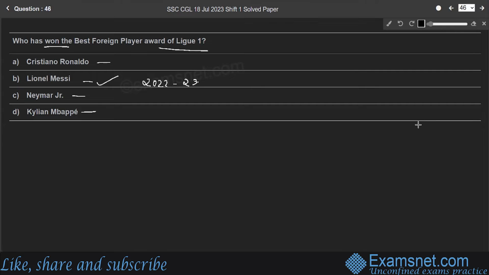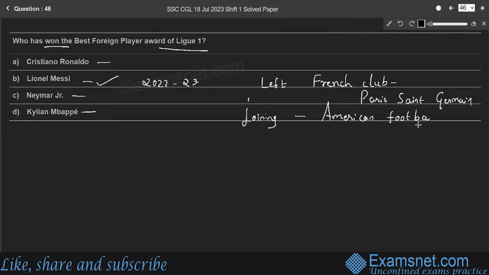Messi has left his French club Paris Saint-Germain and he will be joining the new club, the American football club Inter Miami.